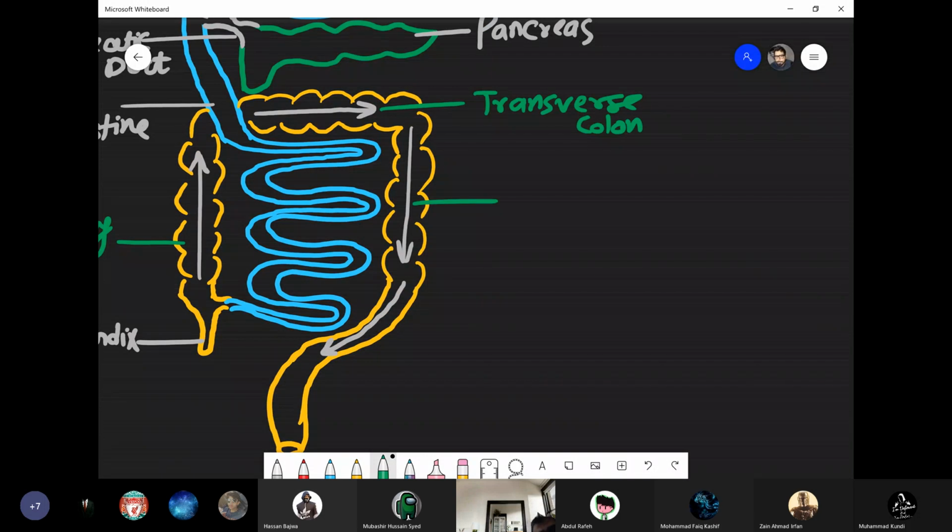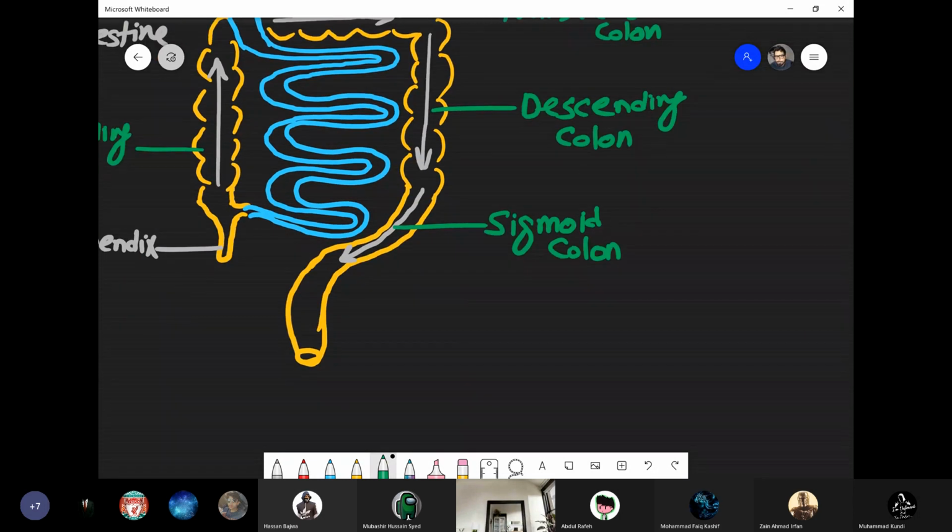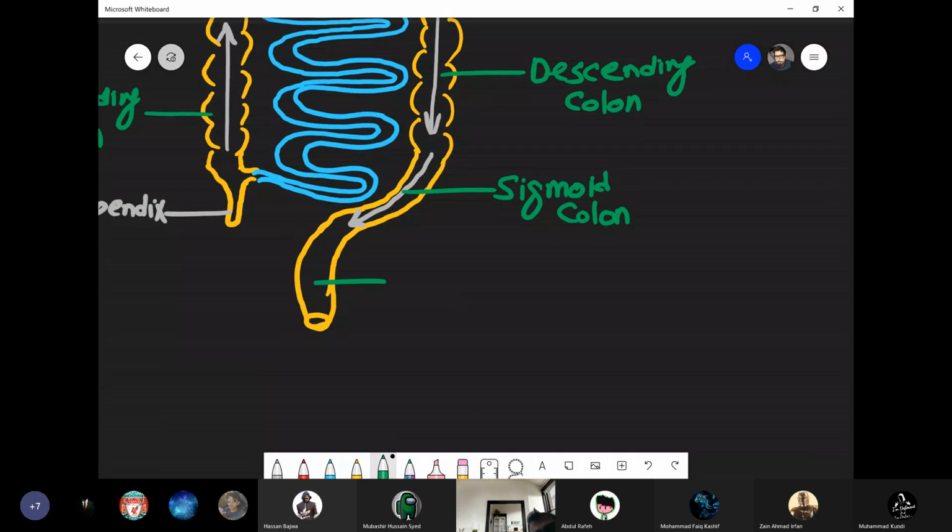Then, boys, this over here is called the descending colon. Then this over here is called the sigmoid colon. Then this part of the digestive system is called the rectum, and this opening of the rectum to the outside is called the anus.